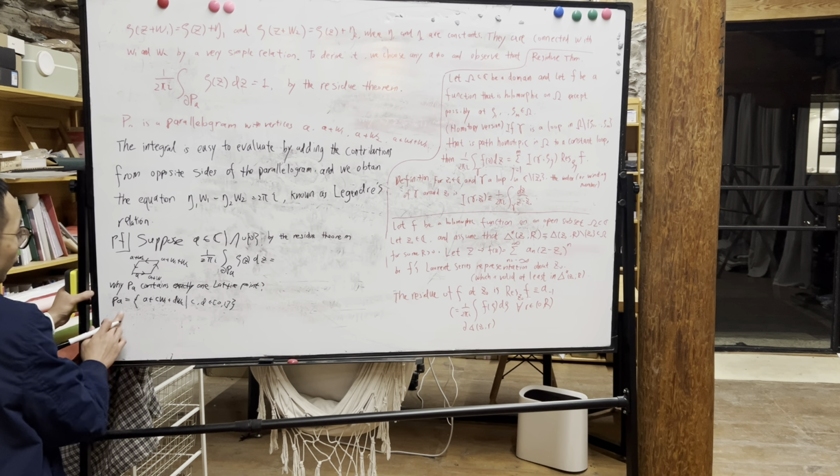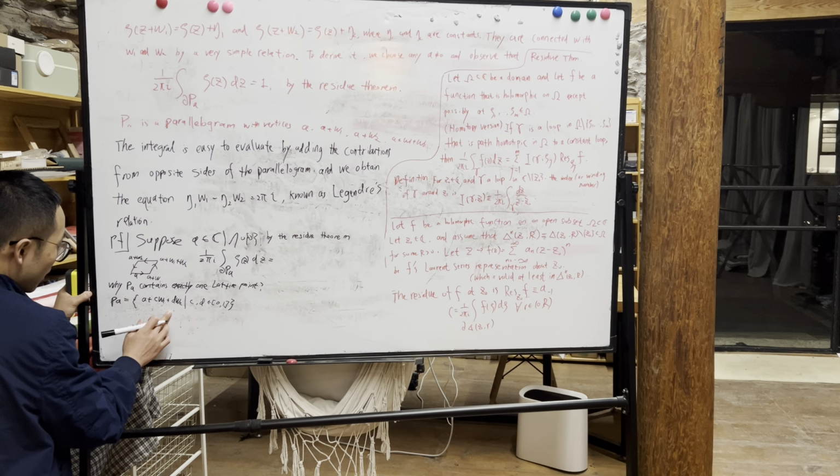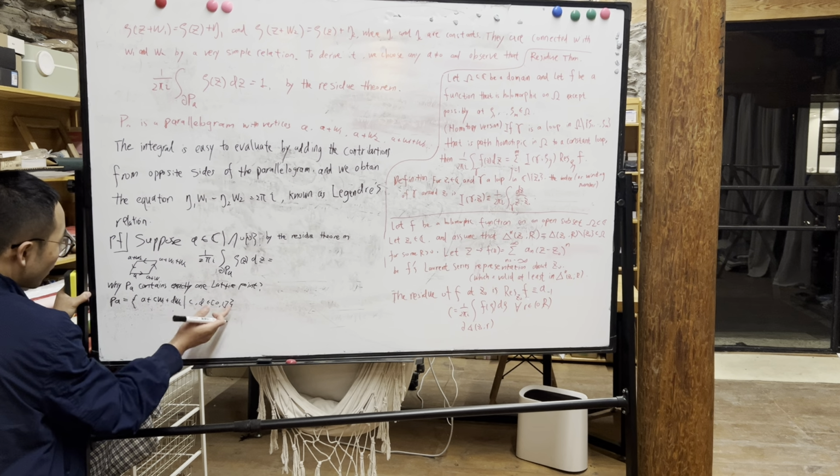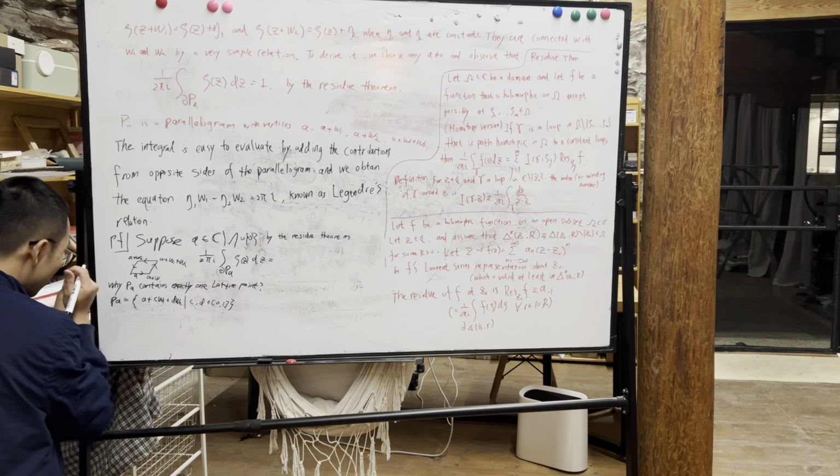So we can define P_A to be this. If c and d are both equal to 1, then it is just A plus omega 1 plus omega 2, and c and d between 0 and 1 just expand it out.